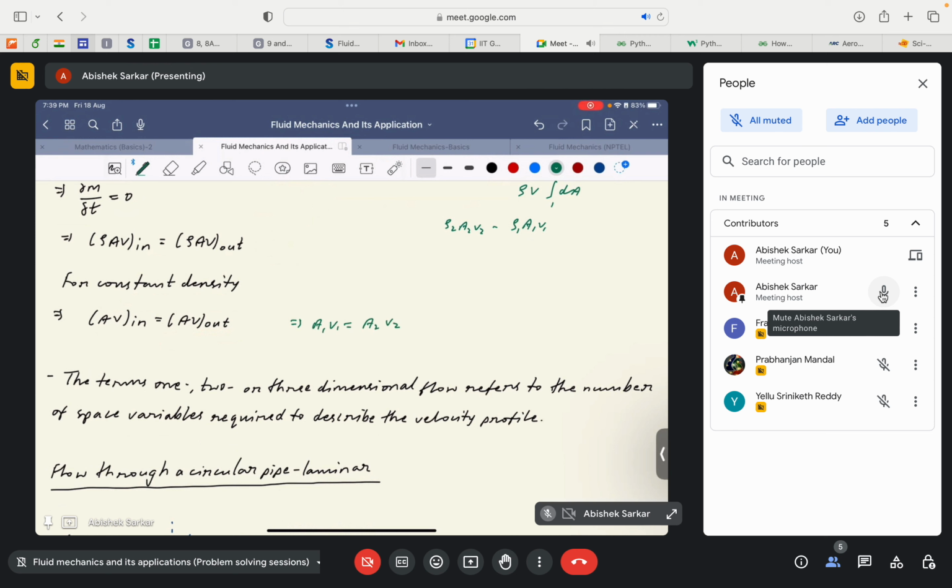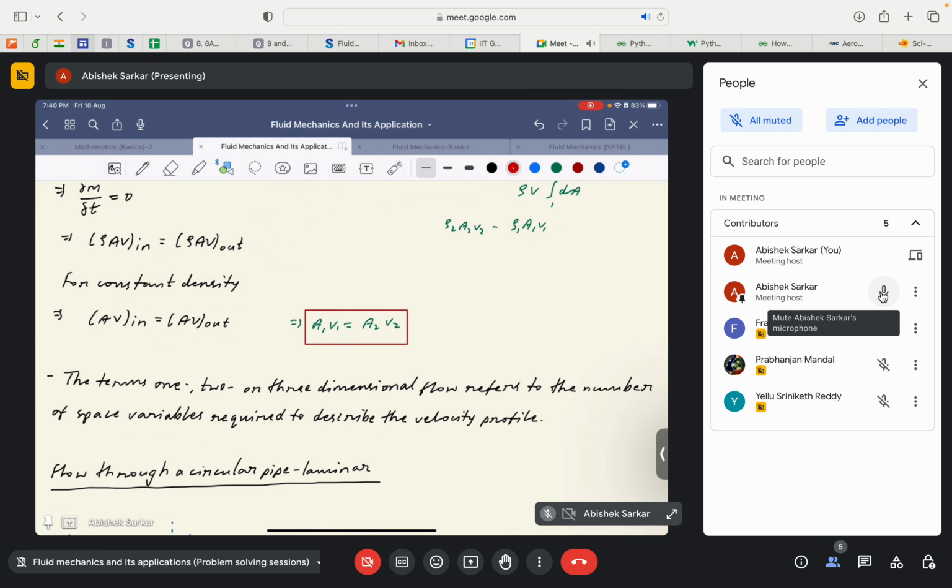Though it is a very simplified form of the mass conservation, I would say it's a very elegant equation that gives us a very good understanding of how the flow behaves because of area variation. Let me give an example.